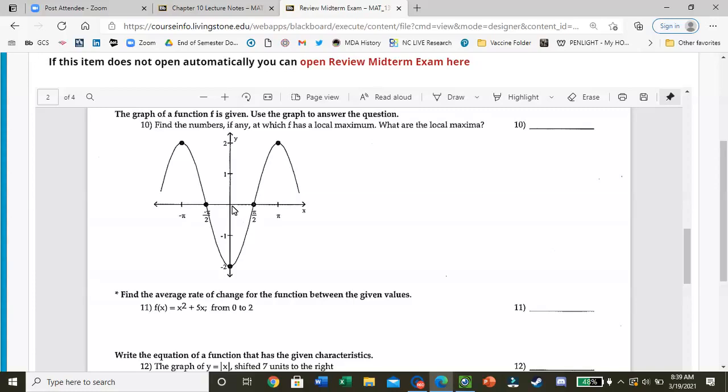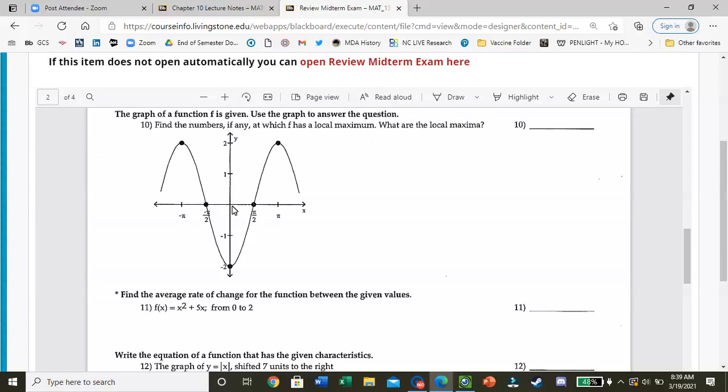Okay? So there's a couple of different ways to answer this. You could use ordered pairs. Let's see, this is 10. They wrote where it's at first.